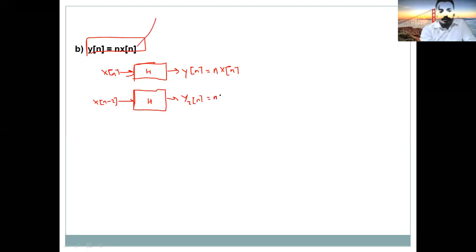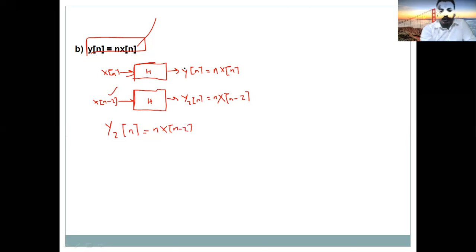So n times what is the input? The input is x of n minus 2. That is our output. y2 of n is our output when the shifted input is applied: n times x of n minus 2.